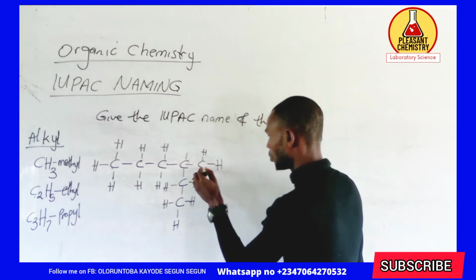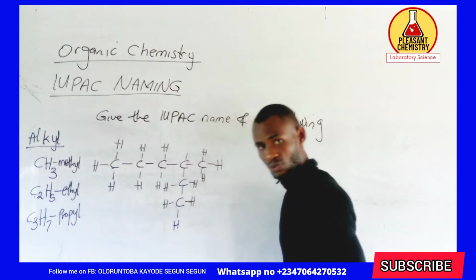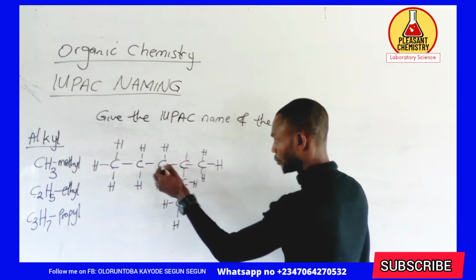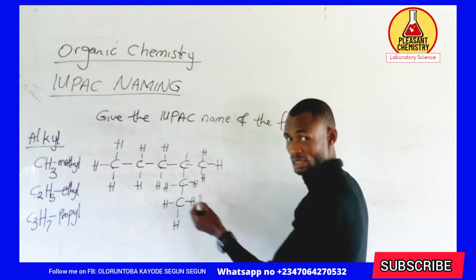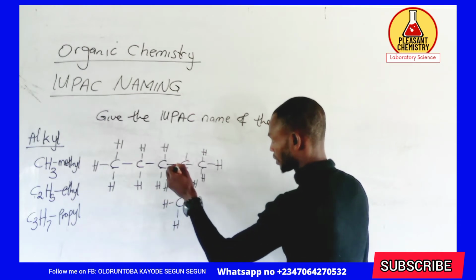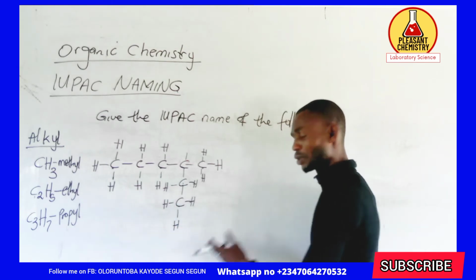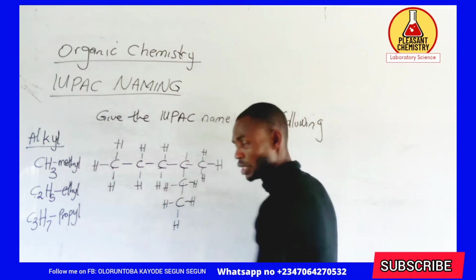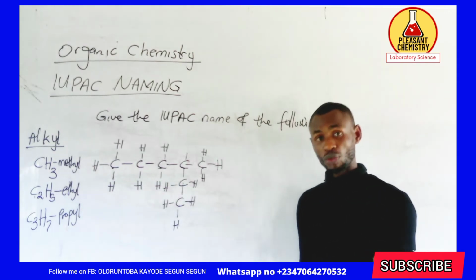If you count from here, we can say 1, 2, 3, 4, 5. So we have 5 on a straight line like that. But we can also count from here 1, 2, 3, 4, 5, 6. If you are counting from this edge, it has become 6. So we are not going to pick the one of 5. We'll be picking 6 because 6 is more than 5.